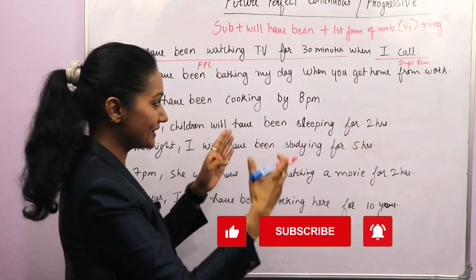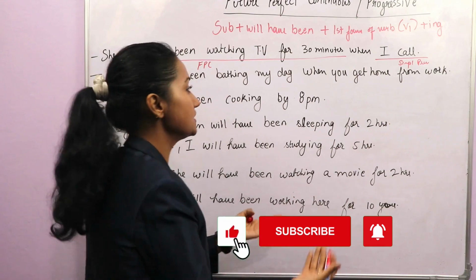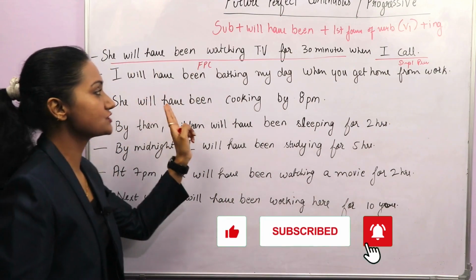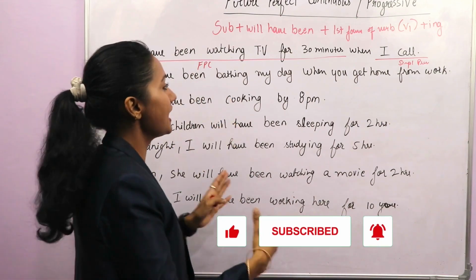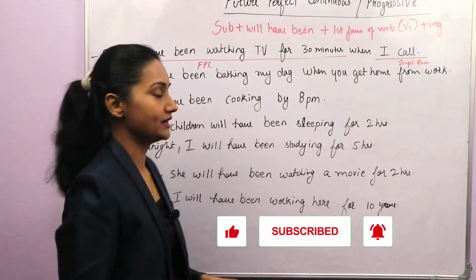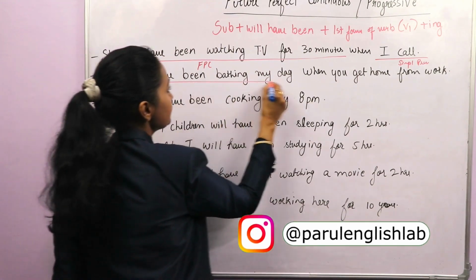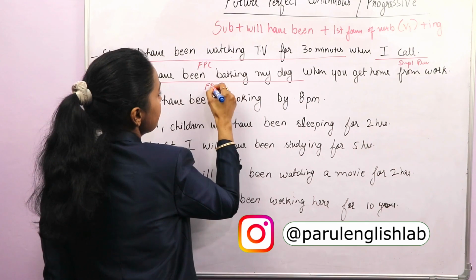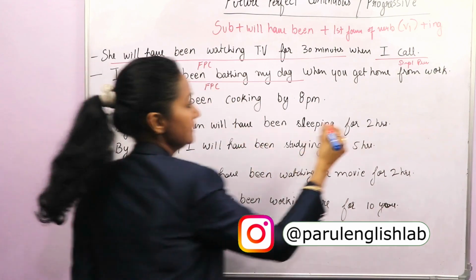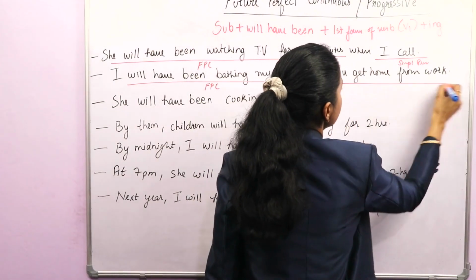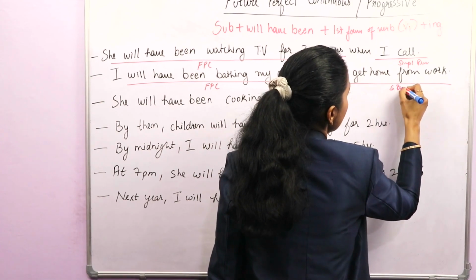When this action will happen in future, this action of bathing will have been going on. So this is in future perfect continuous, and then simple present.